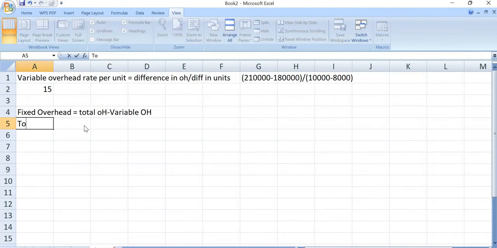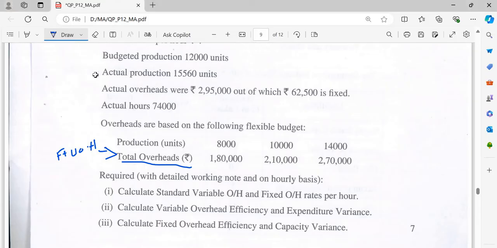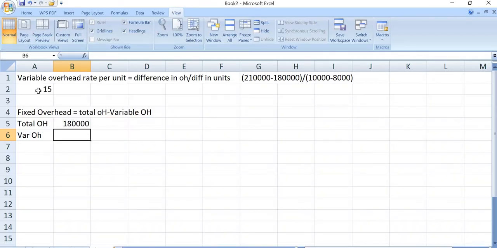The variable overhead in this, how can I calculate for 8,000 units? Already I have calculated per unit. So 8,000 into 15, that means 1 lakh 20,000. So the remaining will be my fixed overhead. That is 60,000 will be my fixed overhead. So hope this is clear.